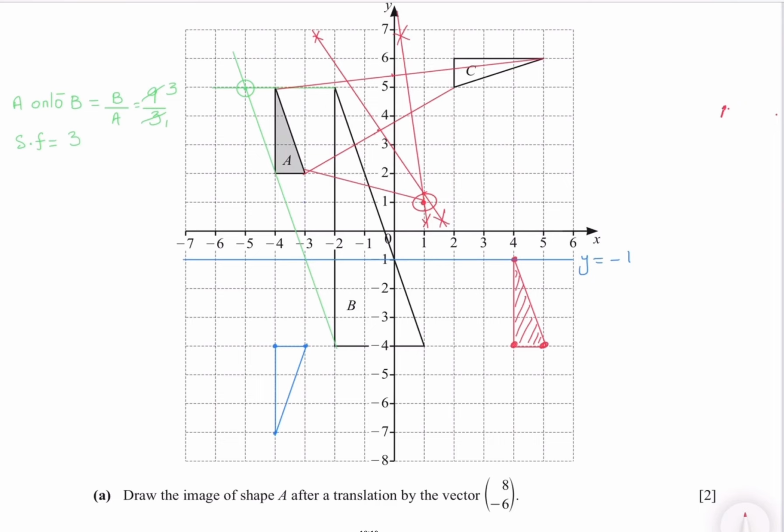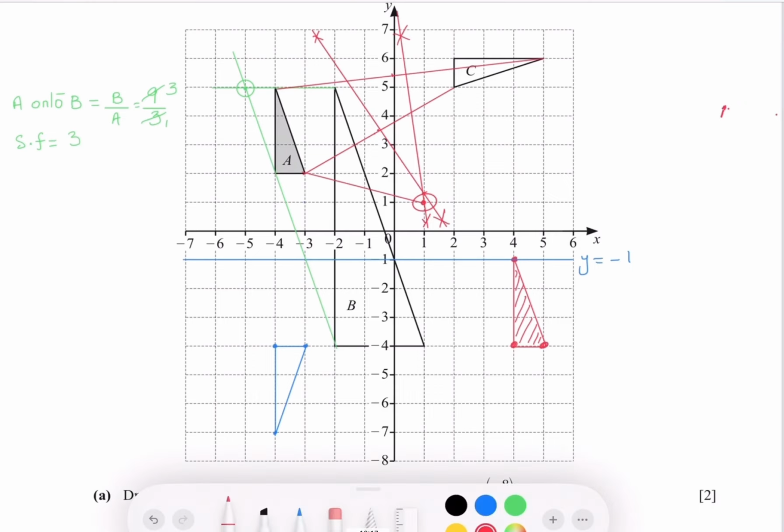Okay, now join one vertex of triangle A to the center of rotation, and if you move your compass from here towards C, so you are moving clockwise.